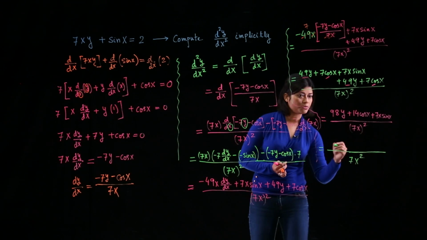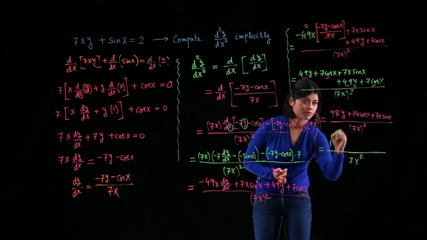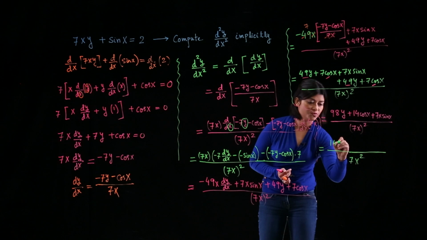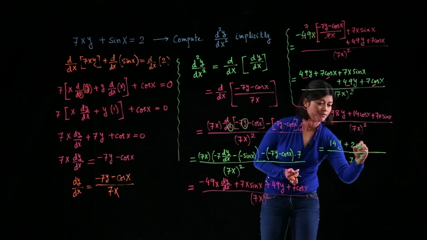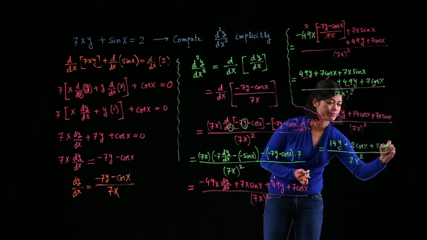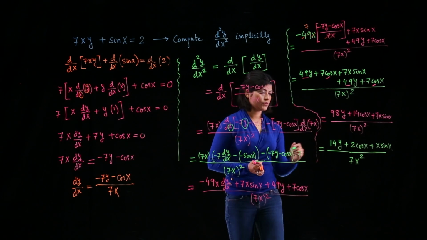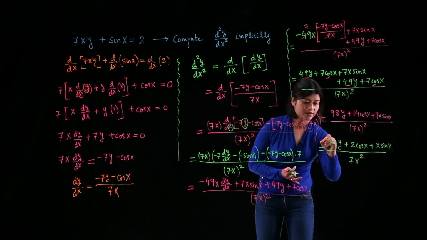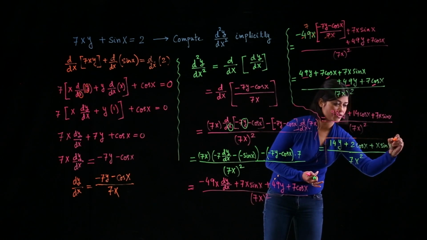So we will have 14y plus 2 cosine of x plus x sine x. And therefore, this is the final expression for the second order derivative.